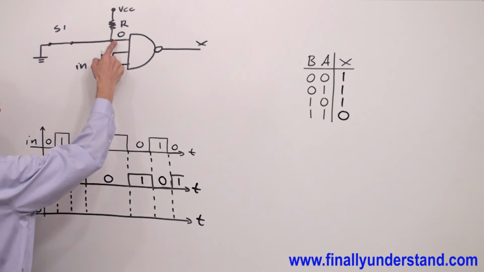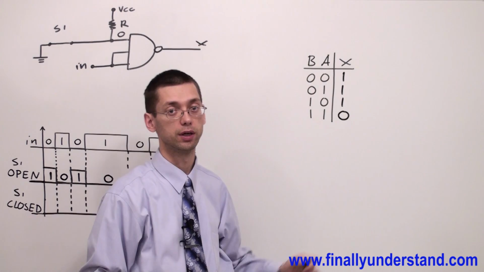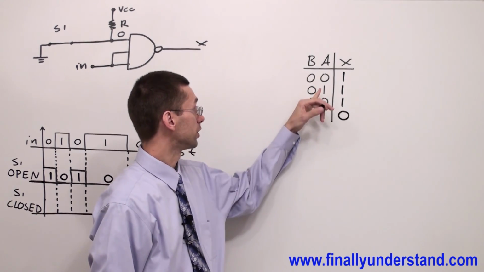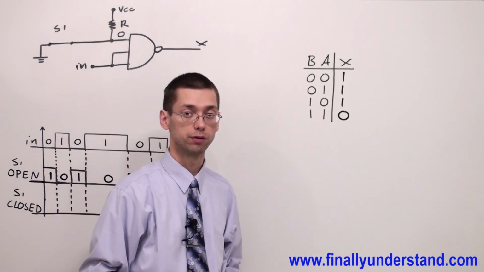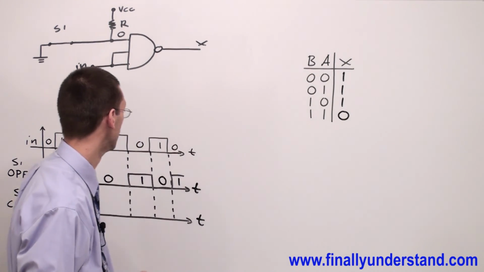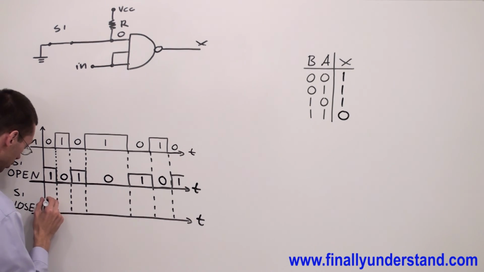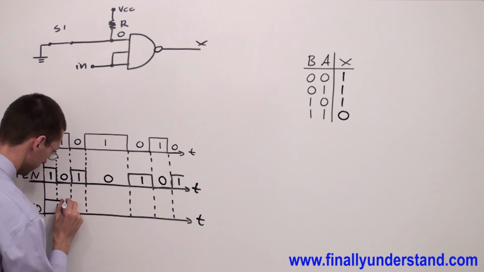This 0 will bring high to the output, because if at least one of the inputs of the NAND gate is 0, output is automatically high, no matter how many inputs you have. That's why I'm going to draw logic high on my graph.